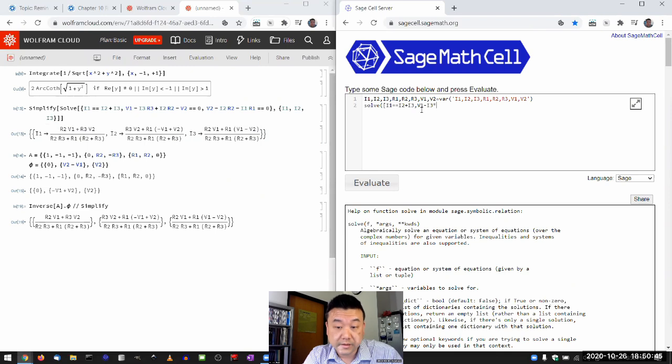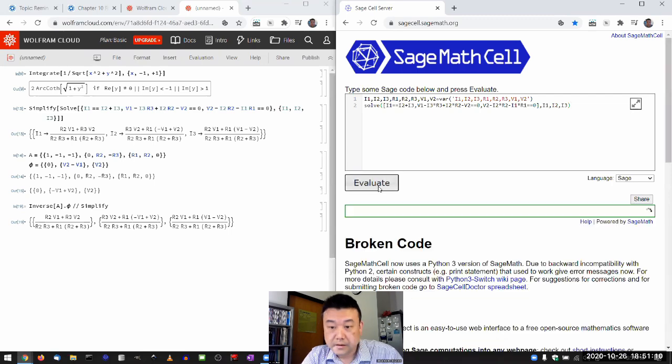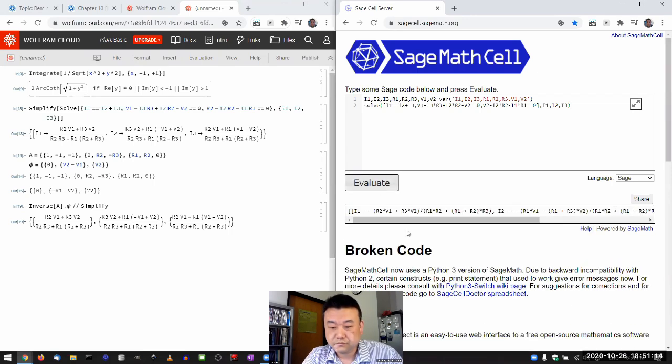So I have to do I3 times R3 plus I2 times R2 minus V2 is equal to 0. And the last equation, V2 minus I2 times R2 minus I1 times R1 is equal to 0. That's the last one. And my variables are I1, I2, and I3. I can run that and get the result.